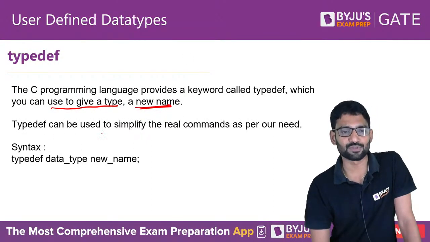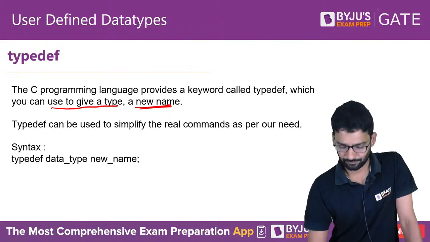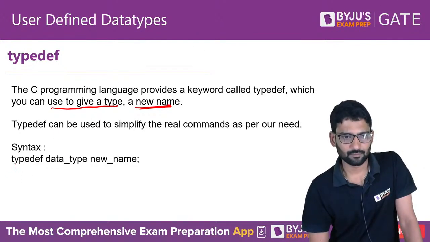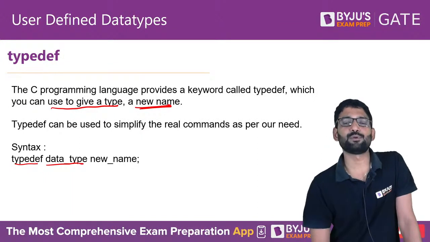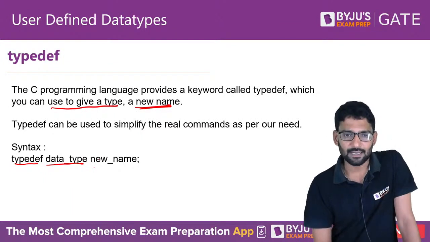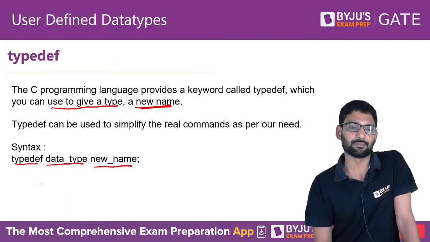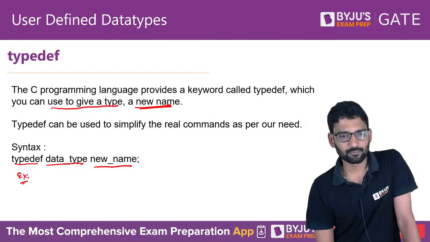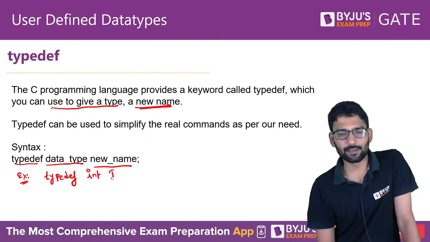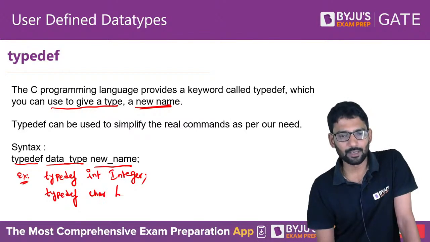And how do you use typedef? What data type you want to rename, that data type, and what name you want to give, that name. For example, typedef int, I would like to give the name as integer. Typedef char, I would like to give the name as literal.